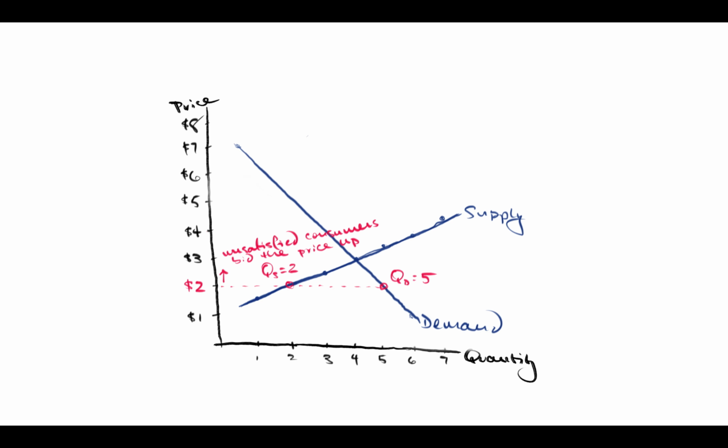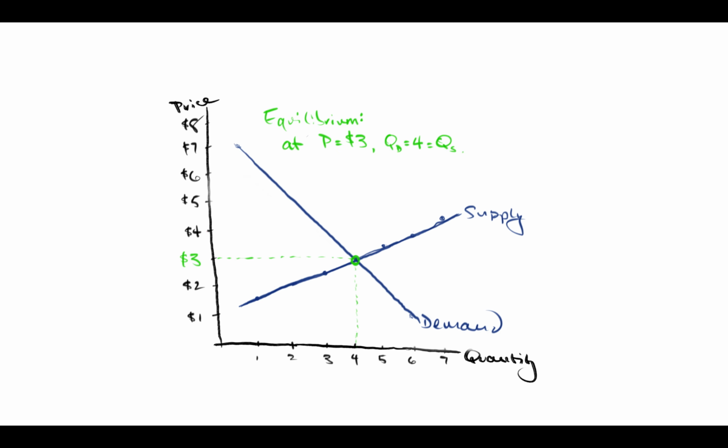All right, so I've talked about the 2 situations that are not equilibriums in the market. If the price is too high, there's a surplus of the good, and there's pressure for prices to come down. If the price is too low, there will be a shortage, and there's pressure for the price to come up.